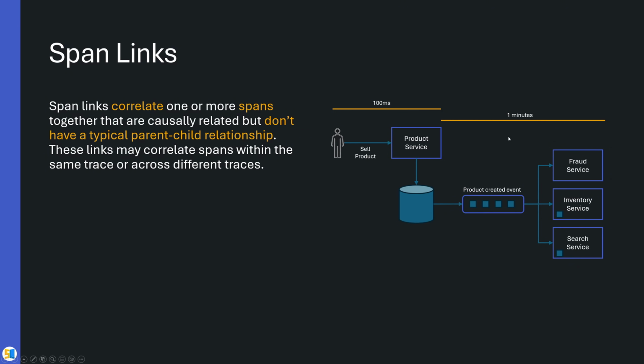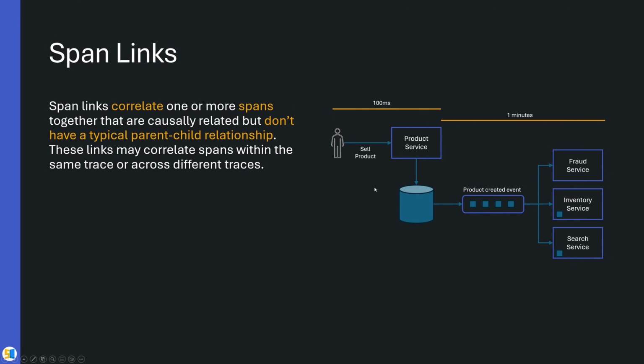So if we use context propagation for this case, where let's say all of these spans will be in the same trace ID, our trace of the product service for sell product will be very long, and it will be very complicated, with too much information under one trace.